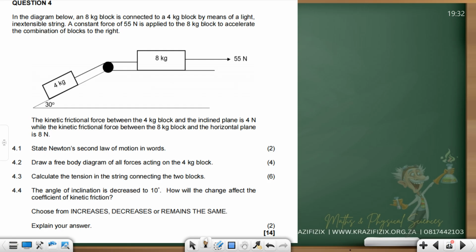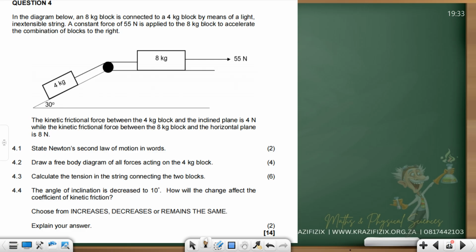Everyone needs to work it out and give me an answer, please. Let's check if we now understand how Newton's law works. I need us to work through it, then we can fix whatever we need to fix. I'm waiting for a picture. Thank you, Bonolo.